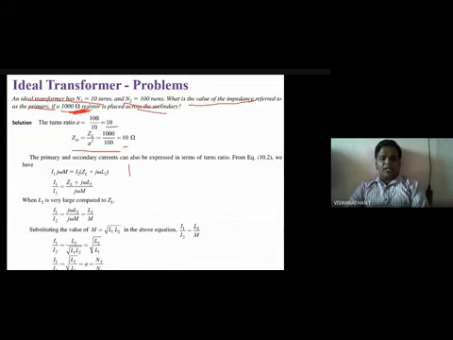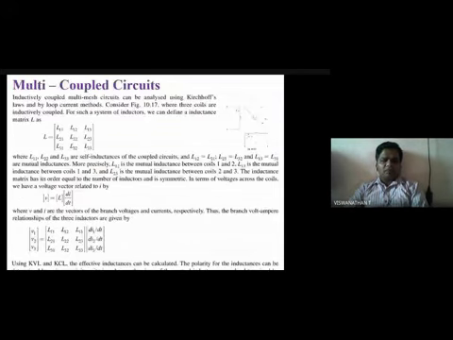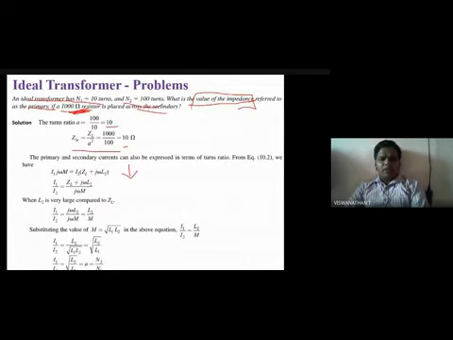For the input impedance, using the formula which we just derived, the answer is 10 ohm. Again I substitute in the equation. Our aim is to find the value of impedance with respect to the primary. I substitute here, then I get this equation, which gives the relationship between my values.